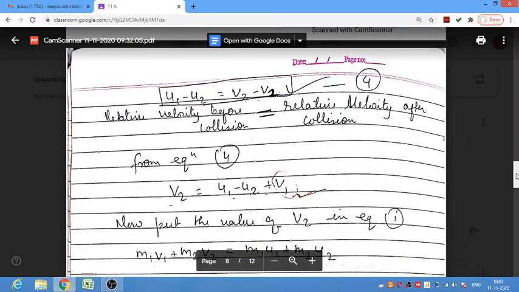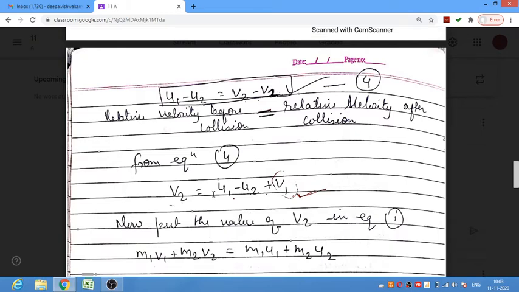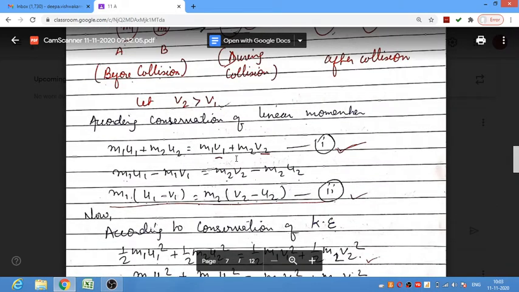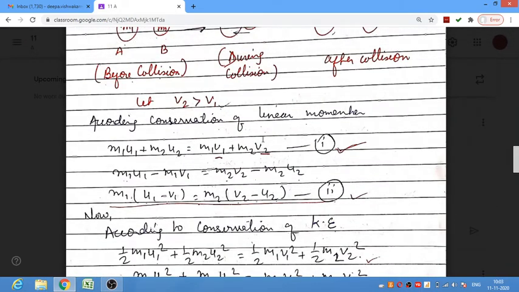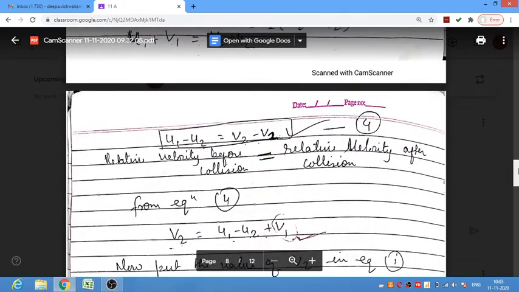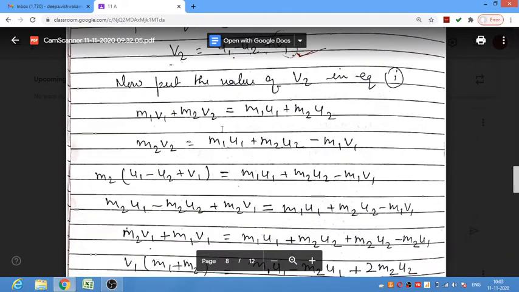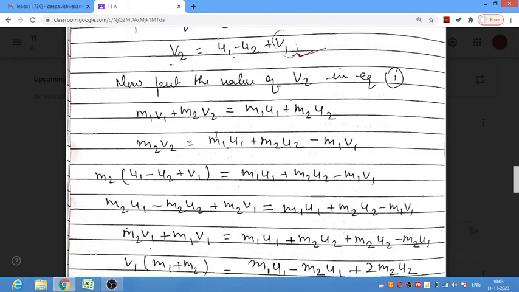Now from equation number 4, we can find the value of v2 is equal to u1 minus u2 plus v1. So now put the value of v2 in equation number 1. This value of v2 we can put in this equation.